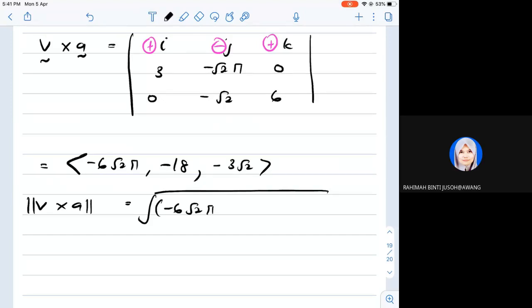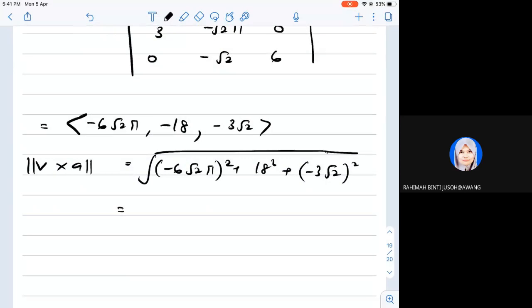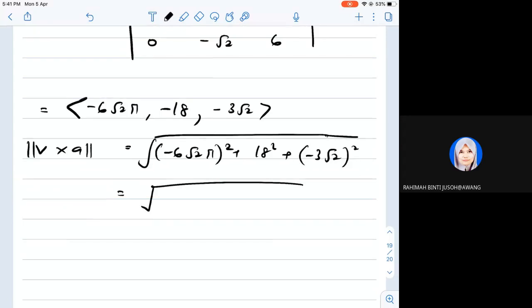Square root of (negative 6 square root 2 pi) squared tambah 18 squared tambah negatif 3 square root 2 squared. Macam tu. So yang ni dia akan jadi sama lah dengan square root of 36 kali 2, so 72 pi squared, tambah 18 squared 324 kan.